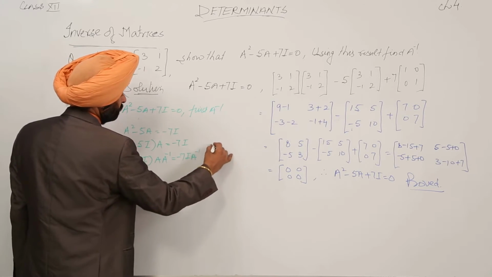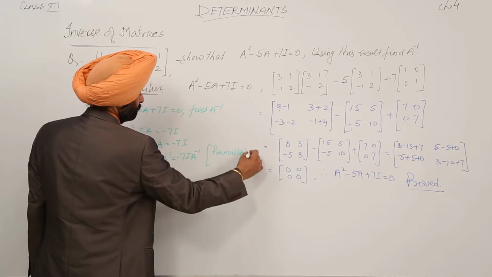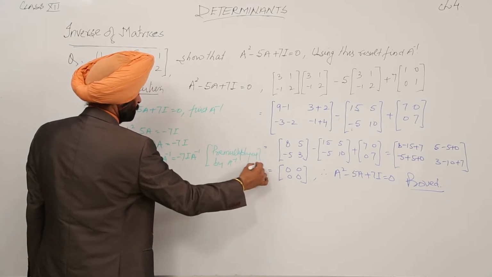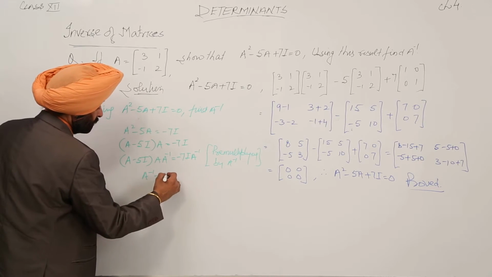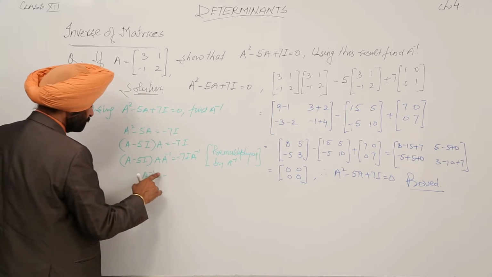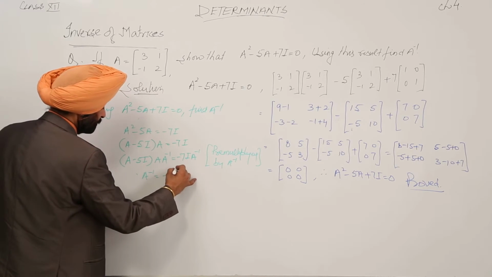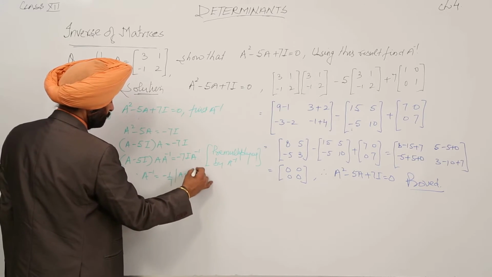Pre-multiplying by A inverse, A inverse is equal to minus 1 by 7 times (A minus 5I).